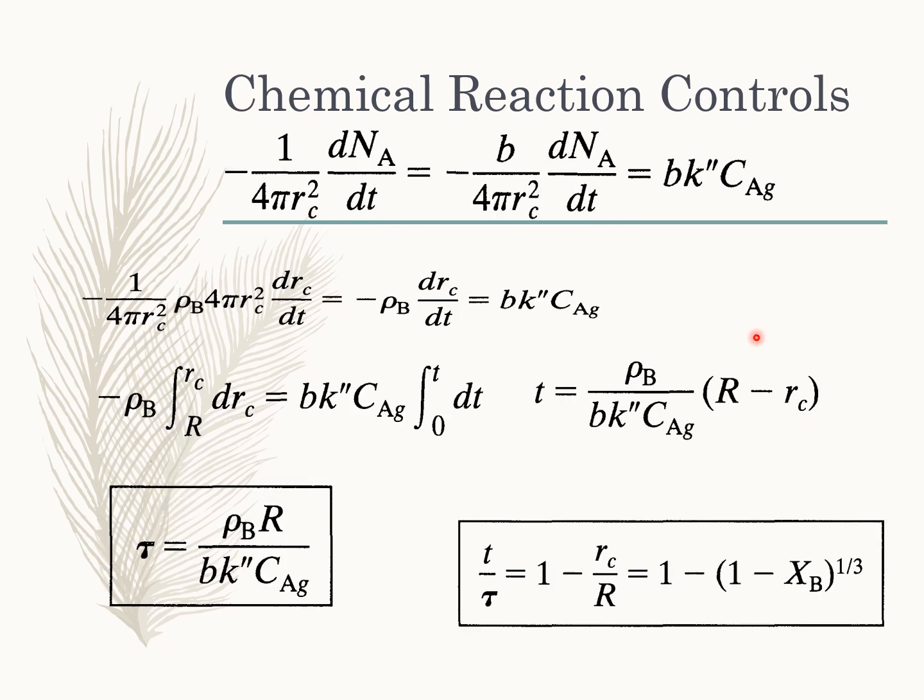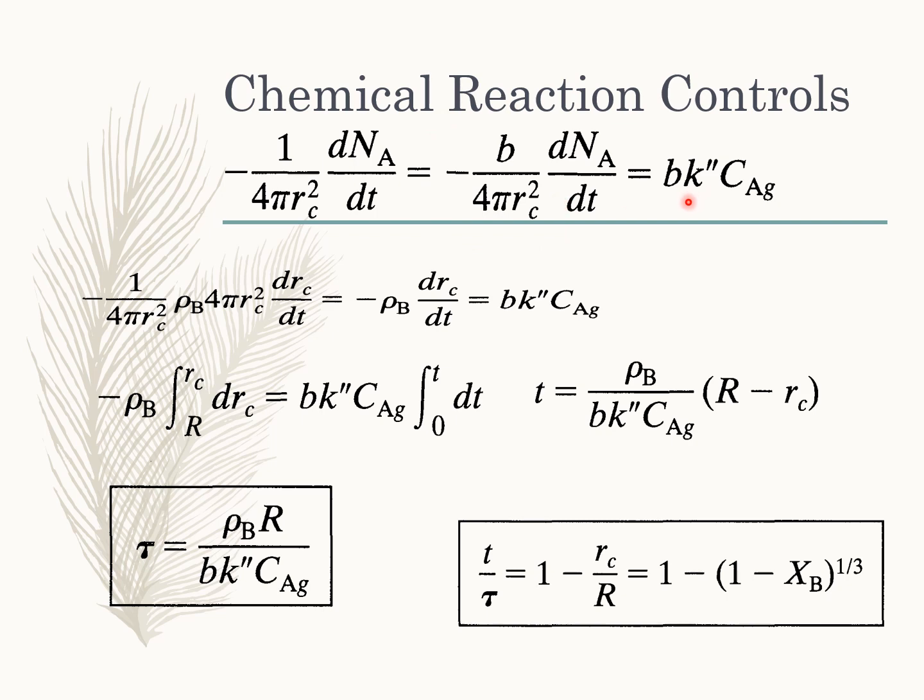So what we are doing here is the variation of A with respect to time, but we are dealing with respect to the surface of the unreacted core, because the reaction is occurring at the unreacted core. This must be dNB, and this is dNA times b from stoichiometry.